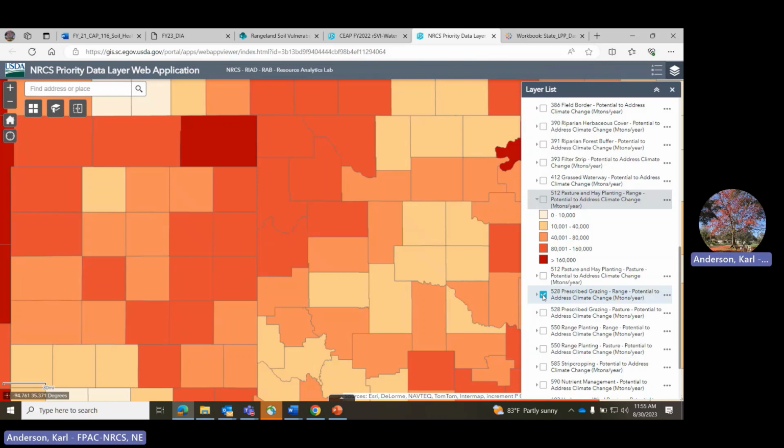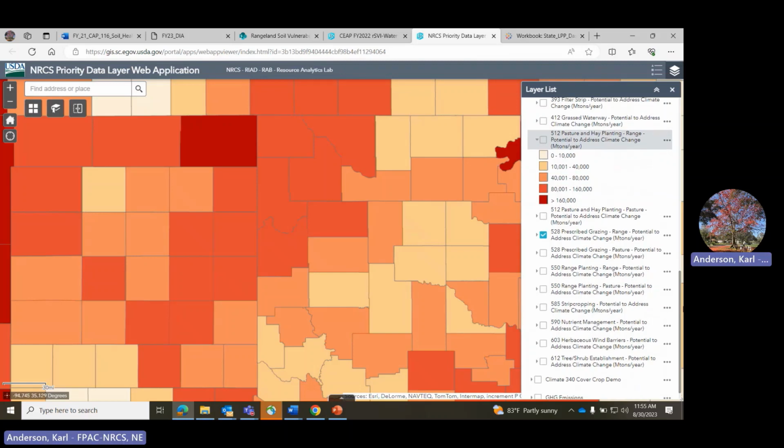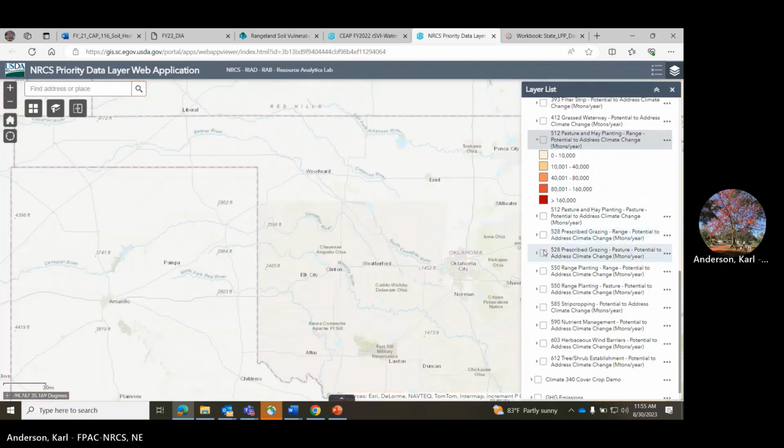So this might be a really good opportunity to look at some of those older plans and maybe update them to include some soil health principles in them, especially when it comes to clipping and doing some other infiltration tests that may be able to be added.